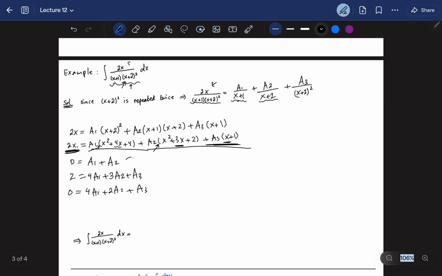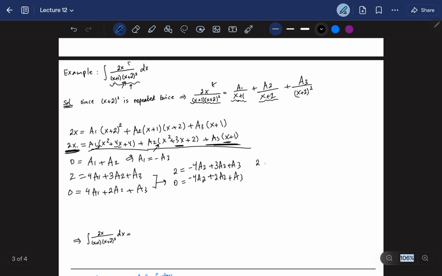So now from the first equation, I can write a1 in terms of a2. So a1 is just negative a2. Now let's plug this into these two equations. So I'm going to get 2 is equal to negative 4a2 plus 3a2 plus a3. Then 0 is going to be equal to negative 4a2 plus 2a2 plus a3.